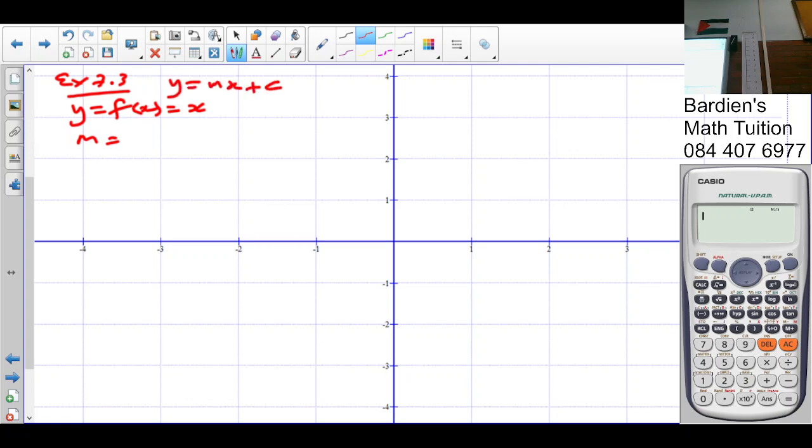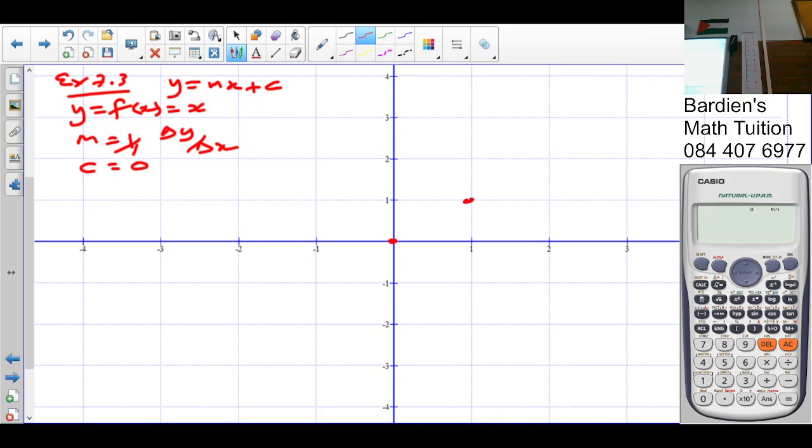The gradient is 1 and your c value, which is your y-intercept, is 0. So gradient is change in y over change in x. So the rise is 1. We start here, no? That's your y-intercept. The rise is 1 and the run is 1.